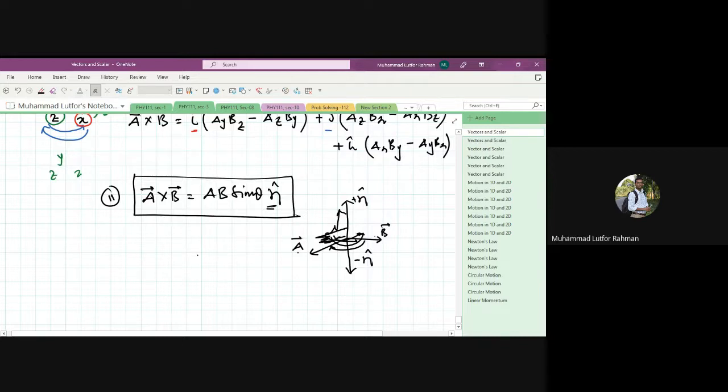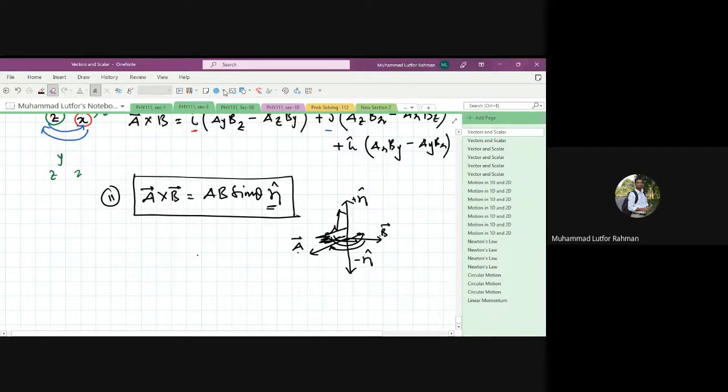But if you consider this is your first vector, then your hand placement will look like that. This is your index finger towards the first vector, and this is your palm towards the second vector. Then if you rotate your finger from here to here, sorry, I kept it in that way, that's wrong.